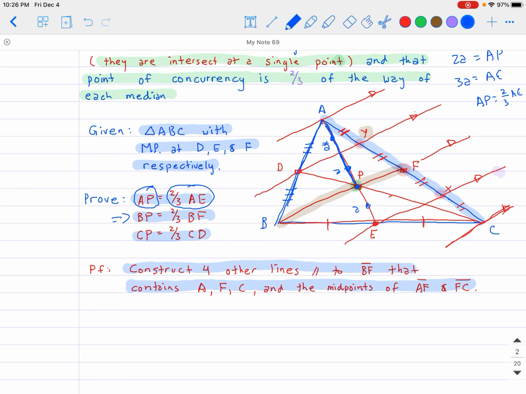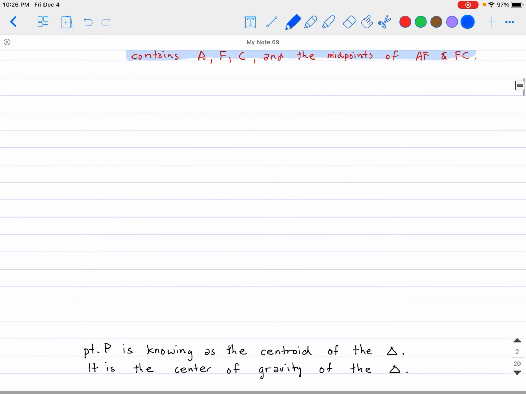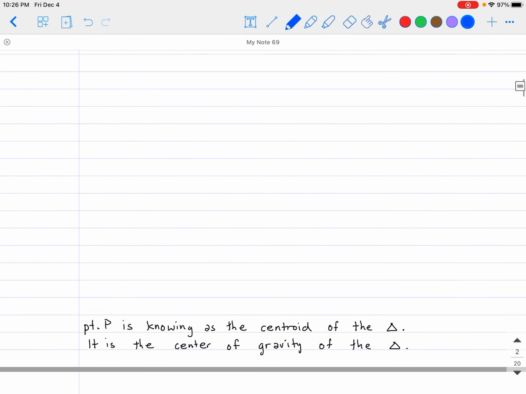What that means is, if you imagine a piece of board in the shape of this triangle, and you find that center of mass or centroid, that is where you can hold it with one finger, at one point, and be able to hold up the entire triangle. So it's basically where everything is balanced, and hence that's why it's called the center of mass. So that's something to think about in the near future.